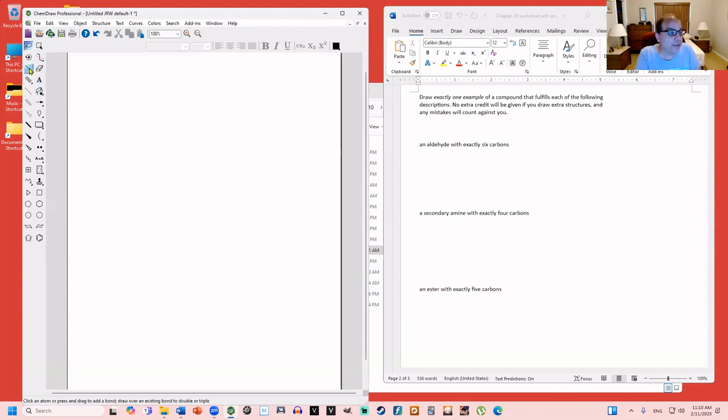So an aldehyde is a carbonyl-containing functional group in which the group attached to the carbonyl carbon is a hydrogen. So all you need to do is draw a 6-carbon compound, like it says in the directions, that includes that functional group. And so honestly, what most people will draw is the straight chain 6-carbon aldehyde.